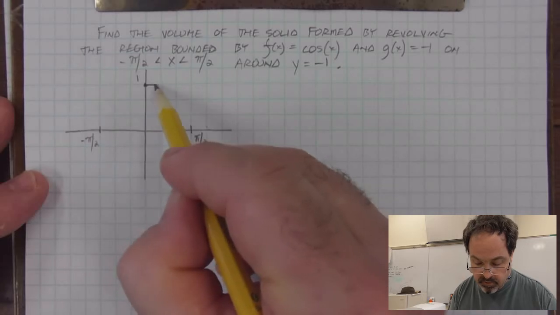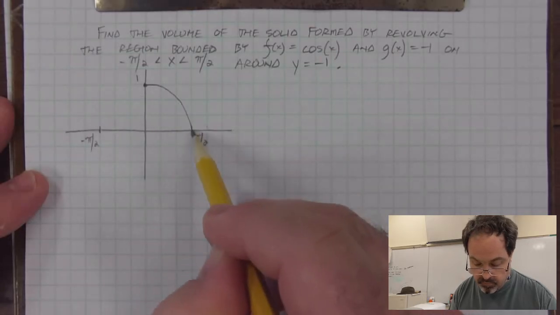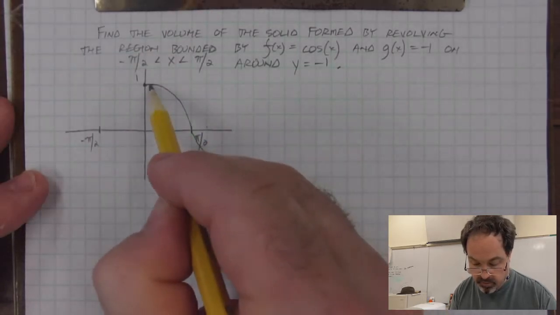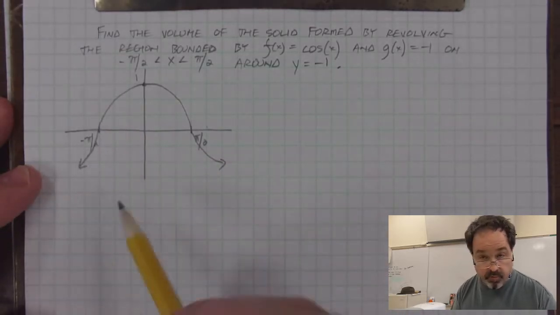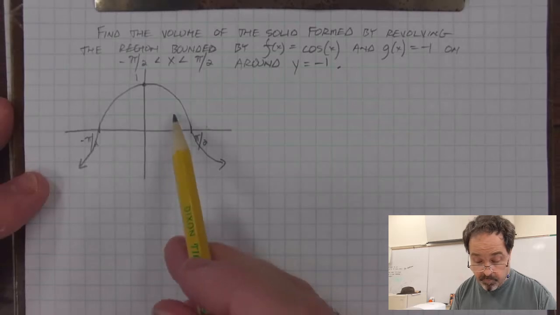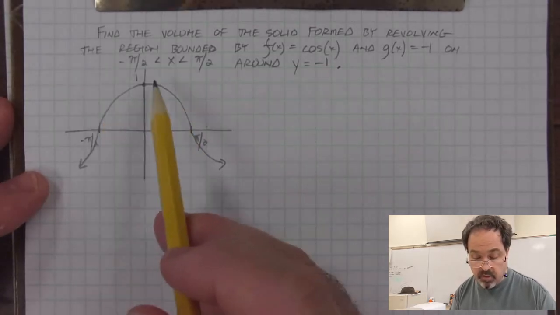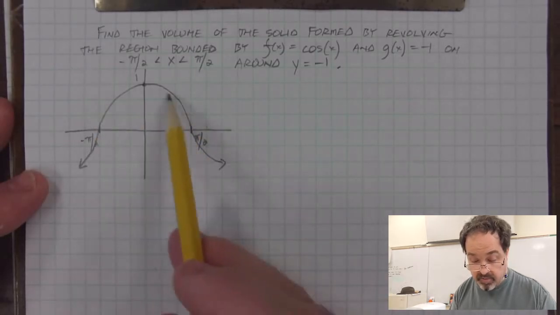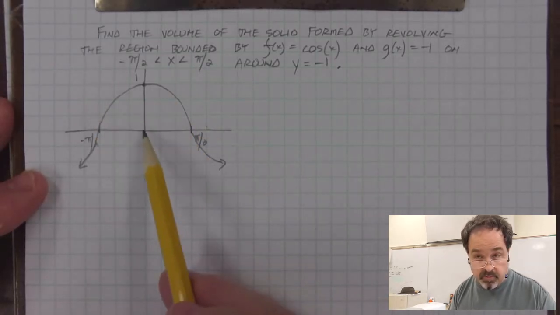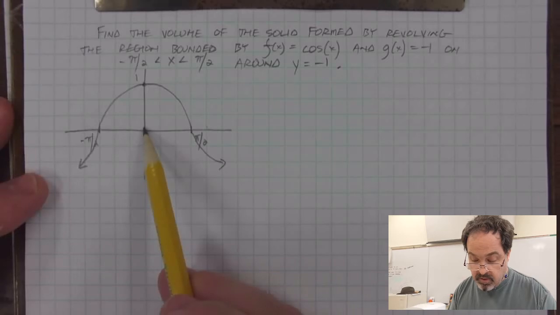So cosine is a sinusoidal curve, and it's periodic. It keeps going in both directions. But what we are focused on is the piece of the cosine function between negative pi over 2 and pi over 2. So that's it there, that positive region above the x-axis.